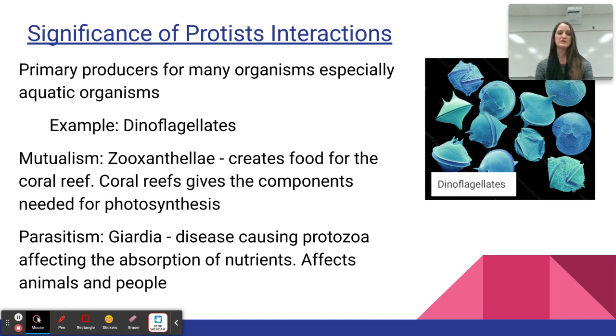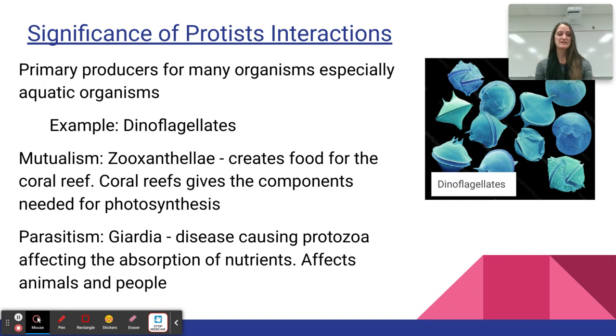So an example of mutualism when it comes to protists are the zooxanthellae, and they create food for the coral reef, and then the coral reef gives the components back to them that they need for photosynthesis.